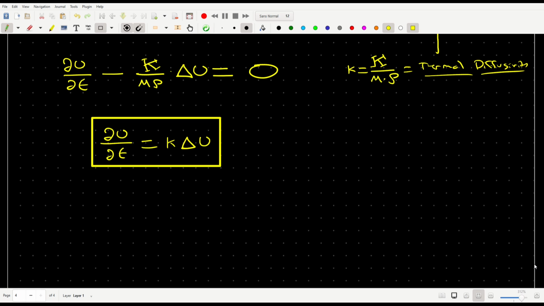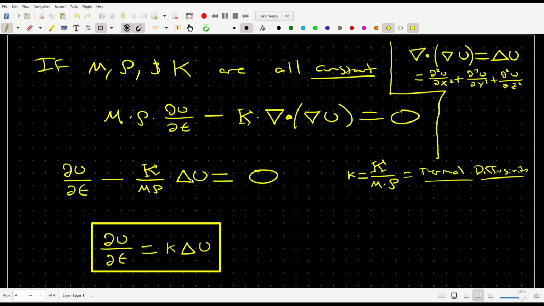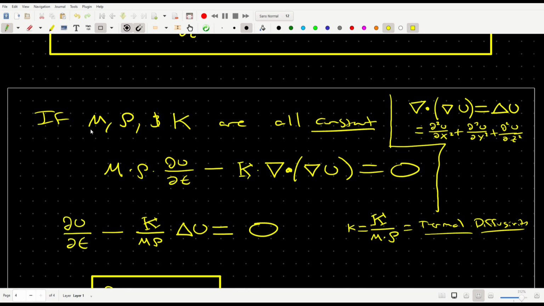And so this is probably the more common heat equation that you'll see written out, but it only is really actually nice and valid if each one of these functions, mu, rho, and k, are constant.